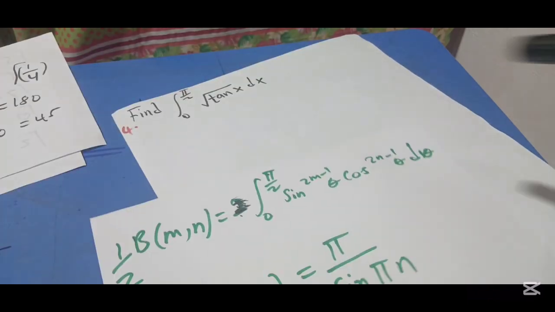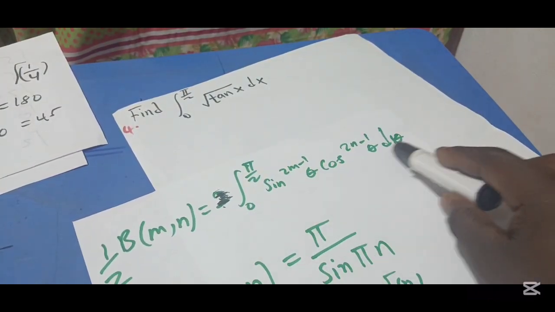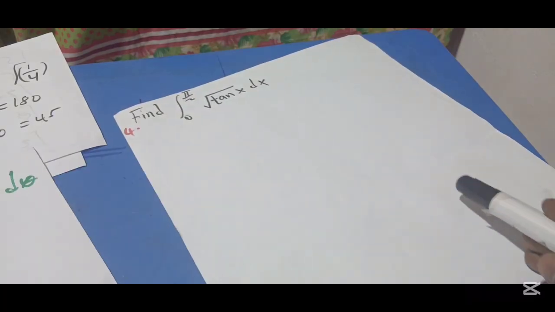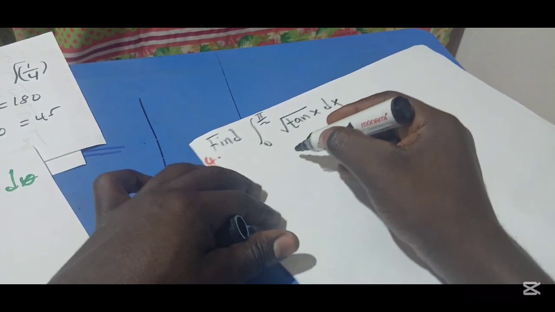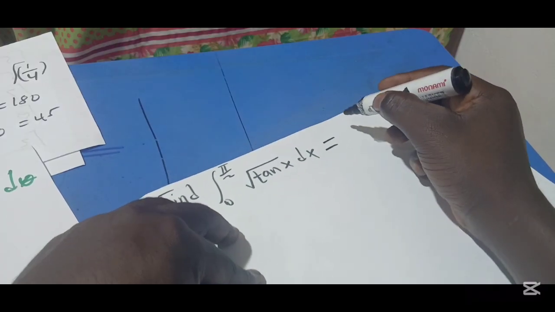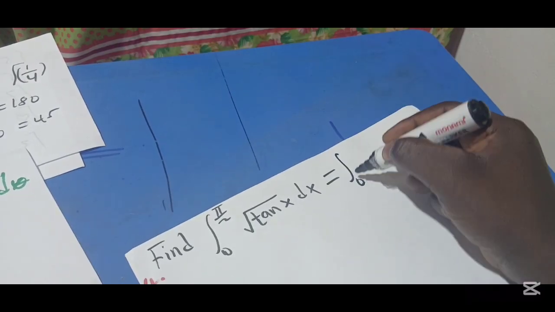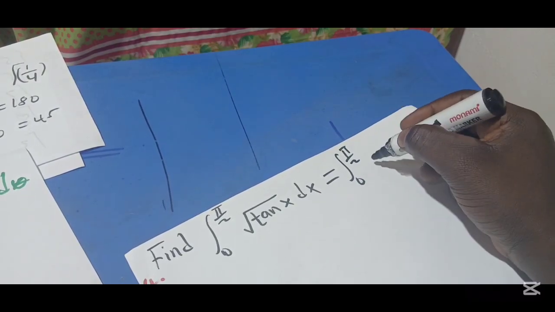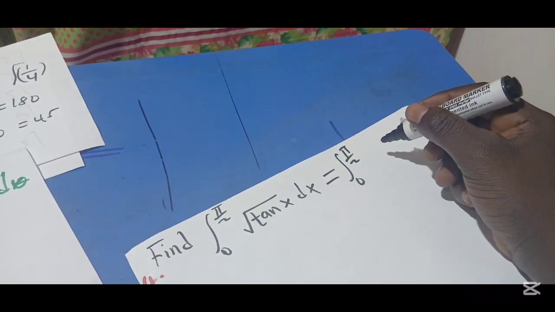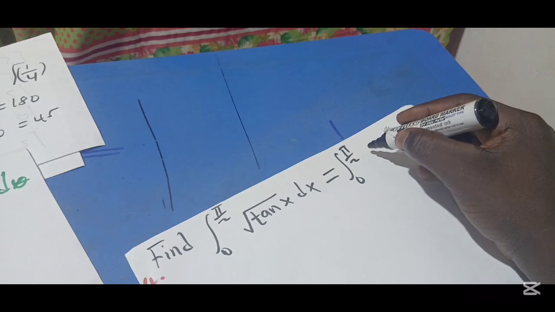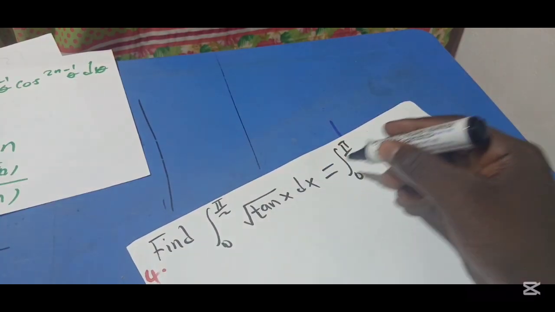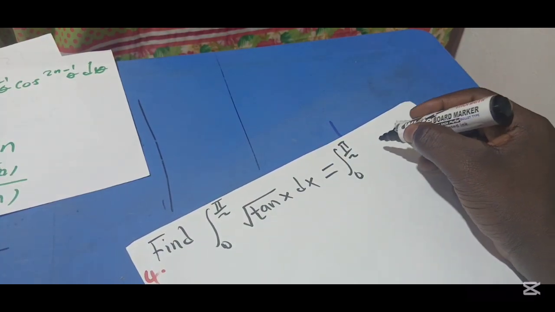So we would like to massage this problem to look like this, and we now look for our m and n. We know that this can also be written as the integral from 0 to pi on 2 of tan x, and tan is the same as sine on cos, right?